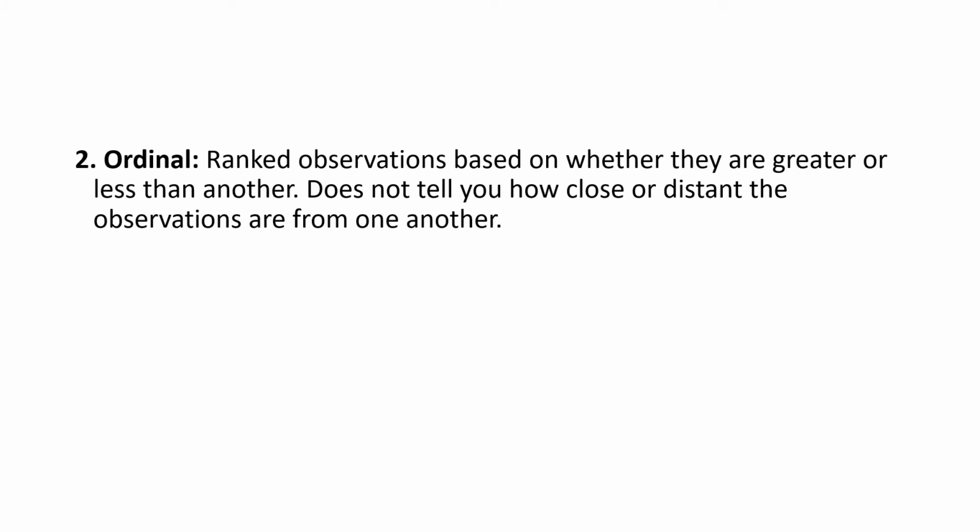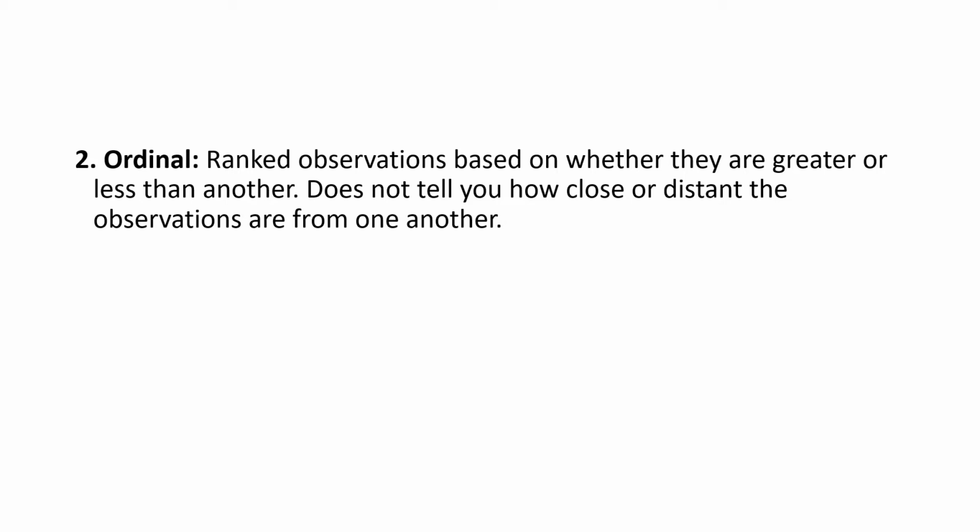The next level is ordinal. Now we don't just have categories; we've got numbers that actually matter. Ordinal is when you are ranking observations based on whether one is greater than the other. However, it does not tell you how close the observations are to one another.